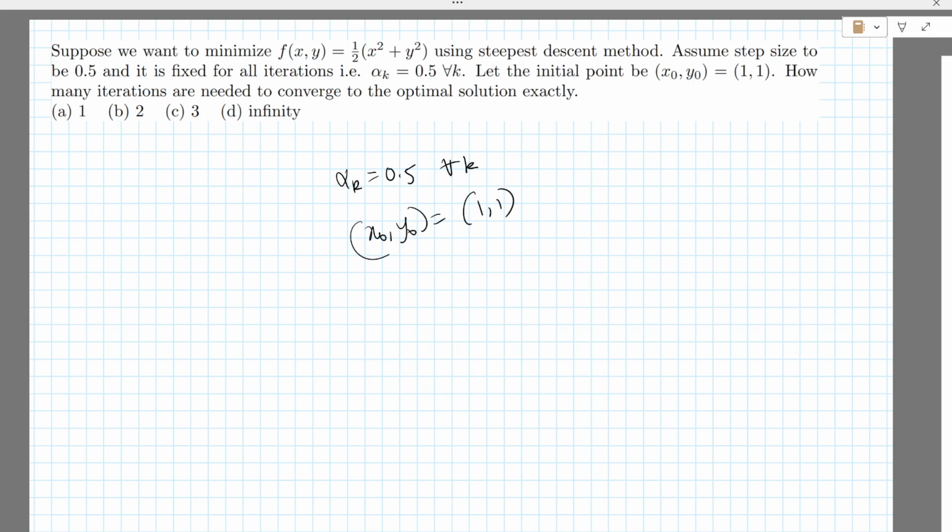How many iterations are needed to converge to the optimal solution exactly? I think the answer seems to be that it will take infinite.